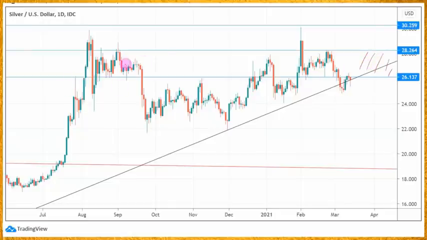But the fact that we've spent a lot of time here, unless we get some dramatic event, I think we're probably going to hop up above 26, stay between 26 and 28 for a little while. And what we really want is to hop up into the next zone, which is over here between 28 and 30.